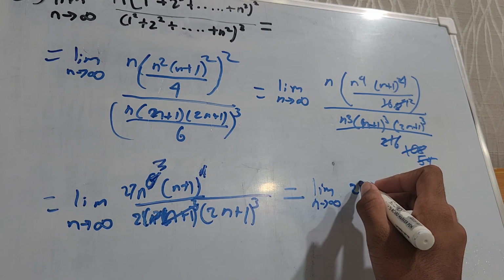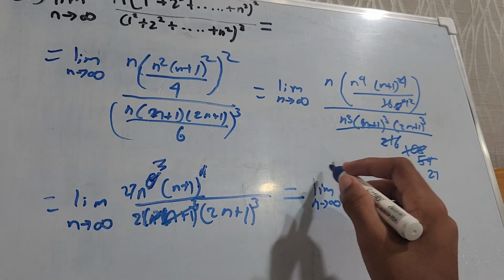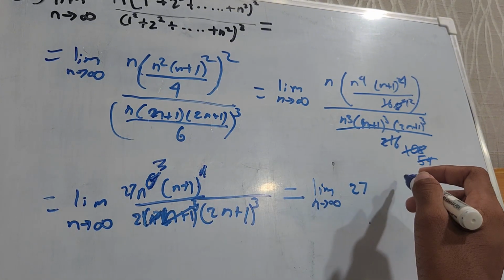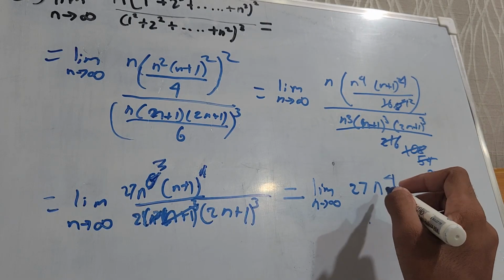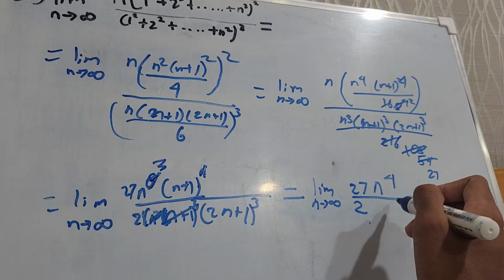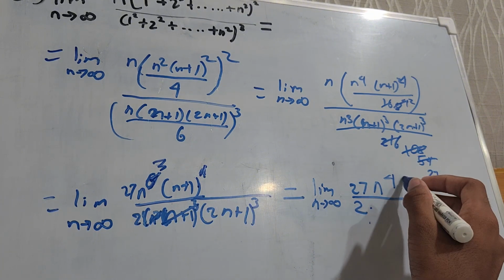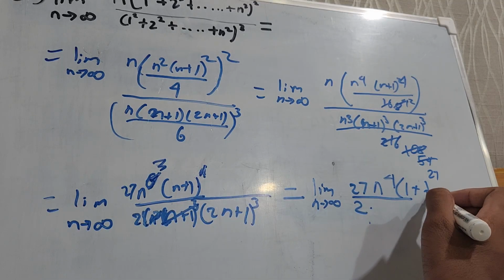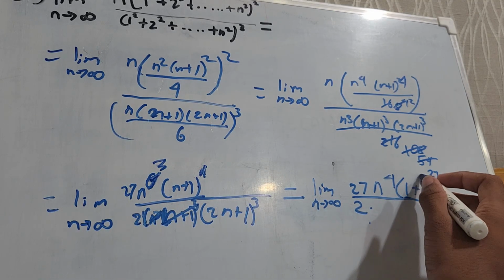27 n cube, we take n common. So if we take n common, we get n power 4 by 2, like n power 4 into 1 plus 1 by n whole power 4, right?